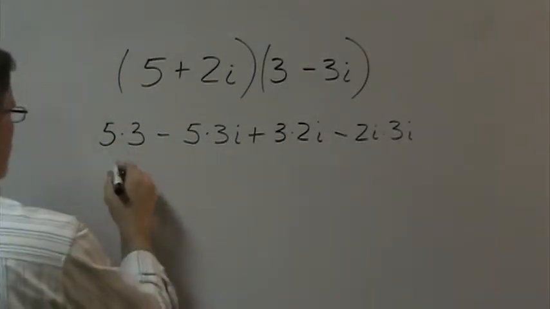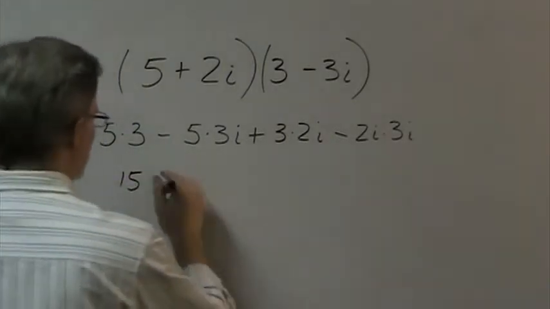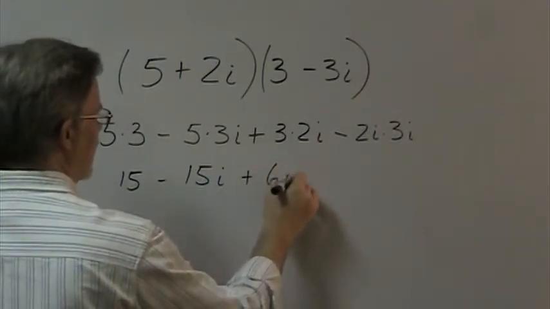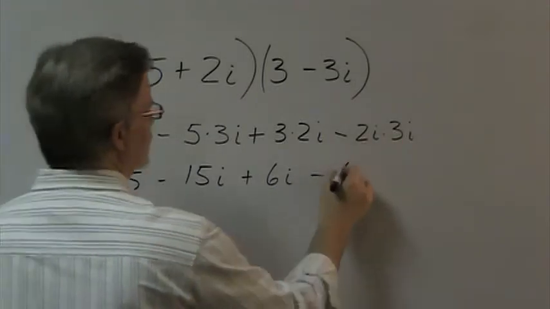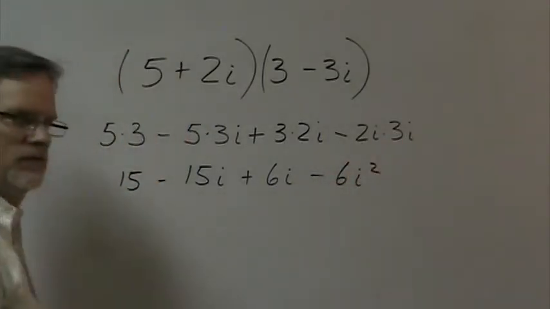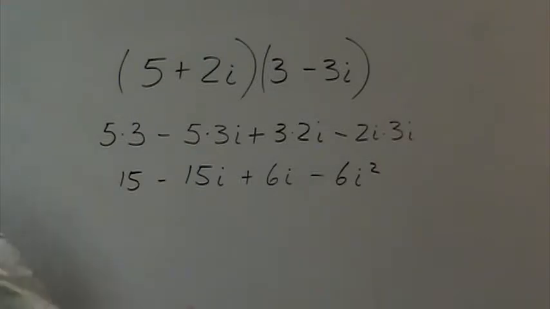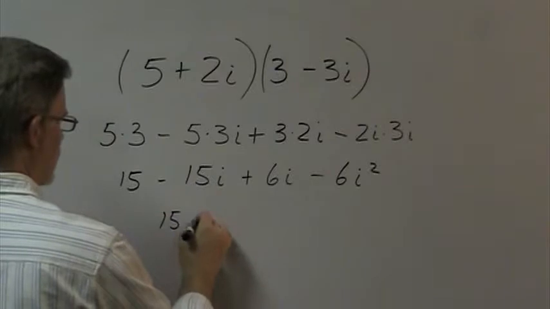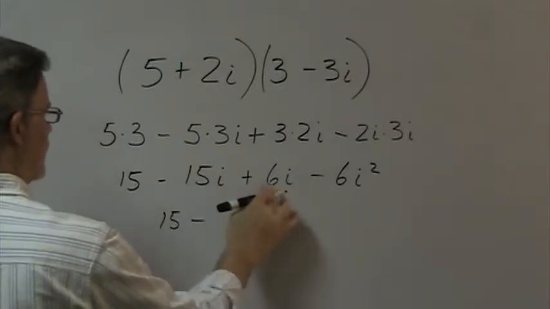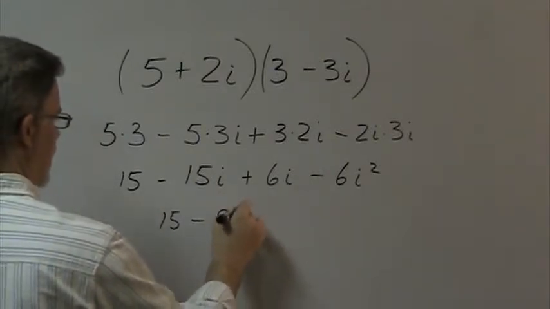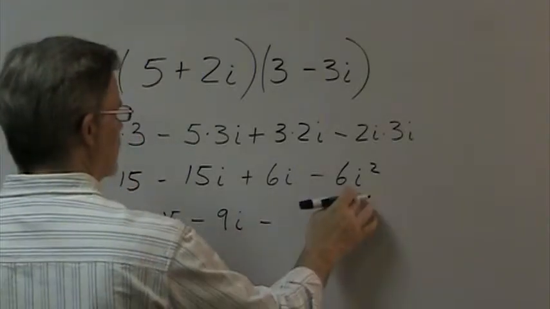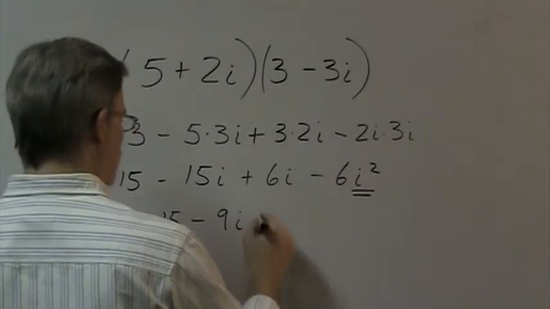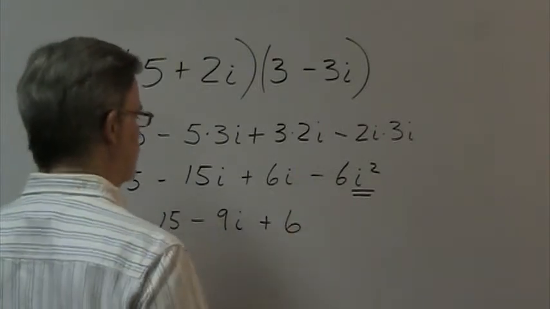So the first term is 15. The second term is a -15i. The third term is a 6i. And then we have this -6i squared. These are like terms, so we can combine them. So you have 15, minus 15i plus 6i is minus 9i, minus, now we know that i squared is -1, so this becomes positive 6.